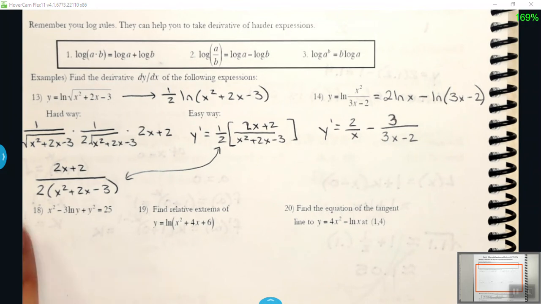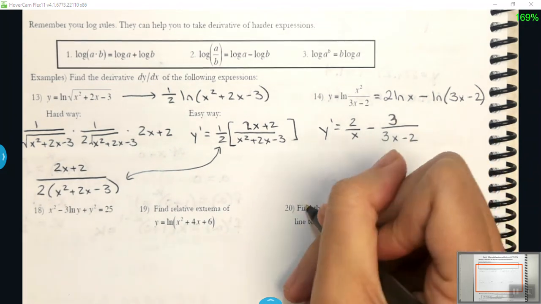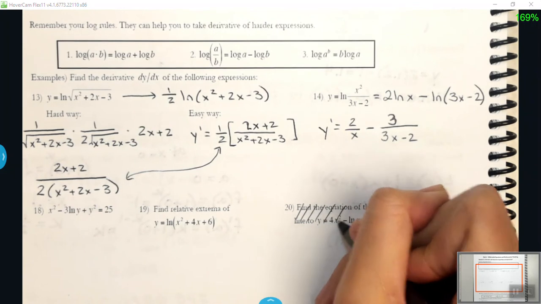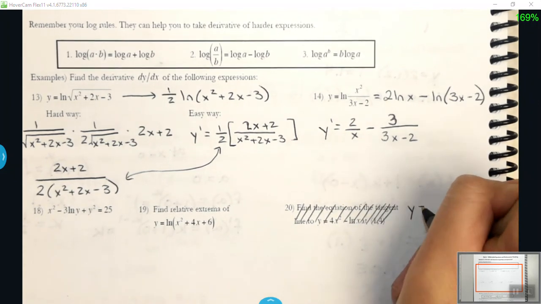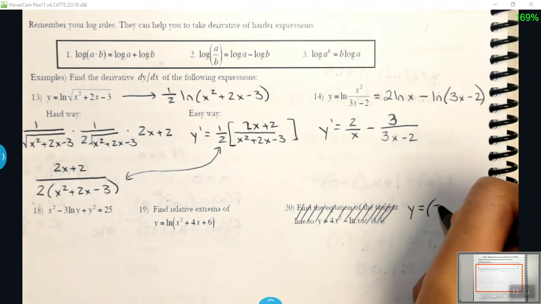All right, try these two, and then I'm going to change this one to be, we're going to do this problem.